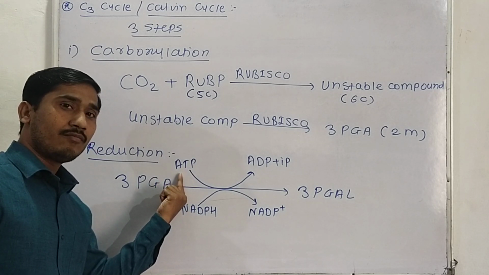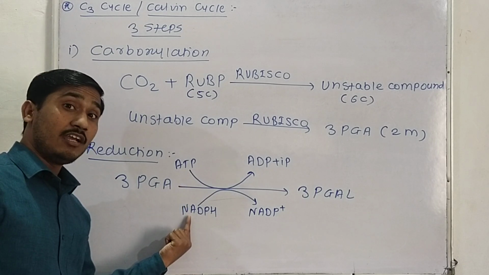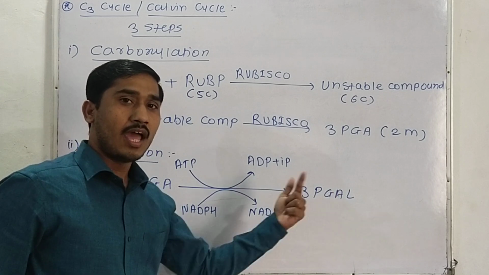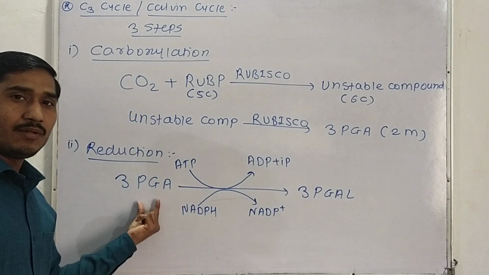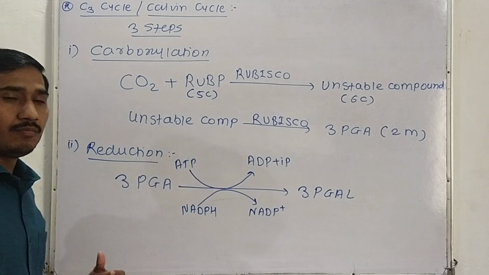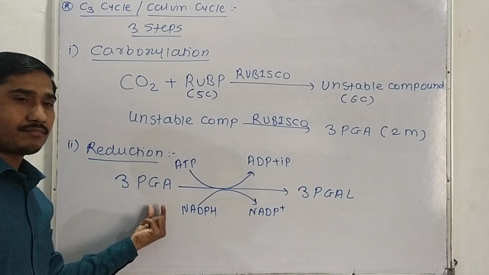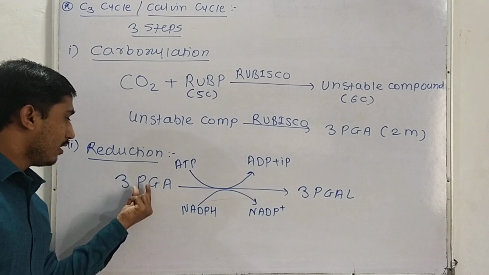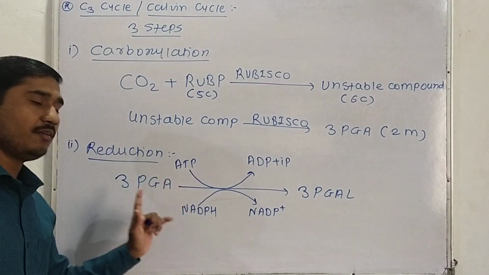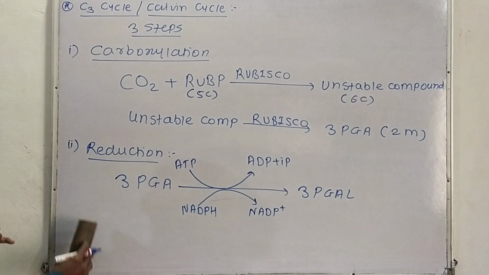Actually, there are 12 PGA formed during the Calvin cycle. How these 12 PGA form, we will see in the cyclic pathway. But here, just think, one PGA is reduced to PGAL by using one ATP and one NADPH. This is the second step in the Calvin cycle.